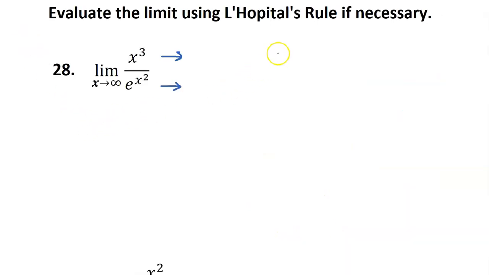So we did not really need L'Hopital's rule in this case. X to the third power is a polynomial function, and e to the x squared is an exponential function. So according to FEPL, exponential functions grow faster than polynomial functions.